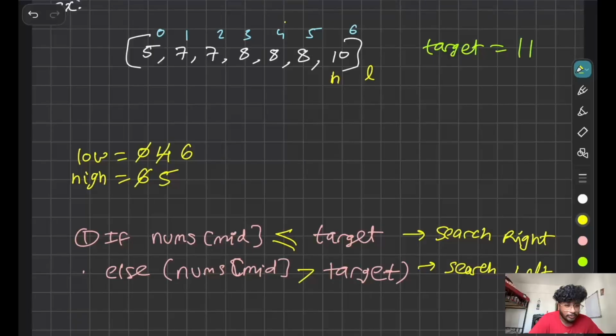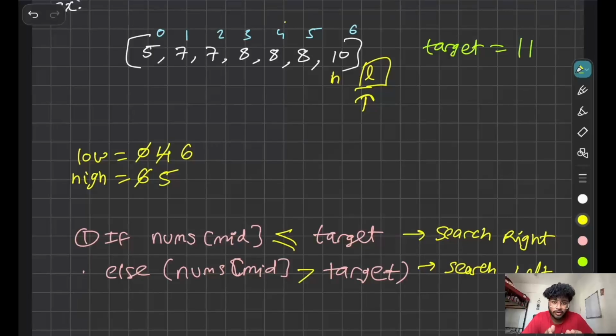So for finding the first occurrence, the first occurrence is always in low, right? So I would check whether my low pointer is in bounds or not. If it is in bounds, I would check whether it is equal to target or not. If both conditions hold, then I can say that this is my first occurrence.